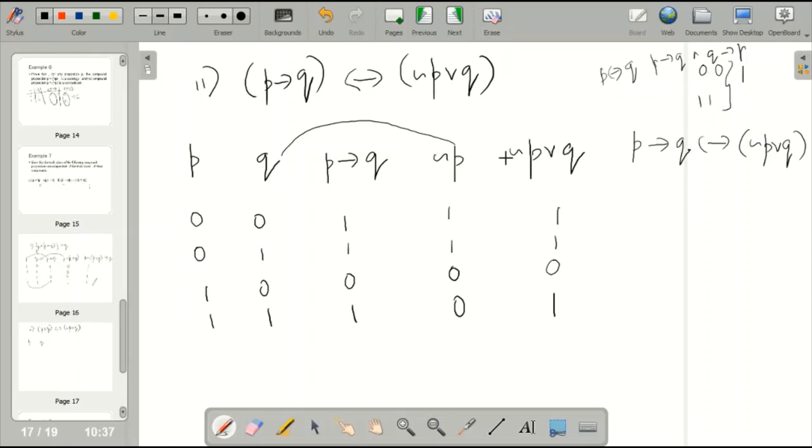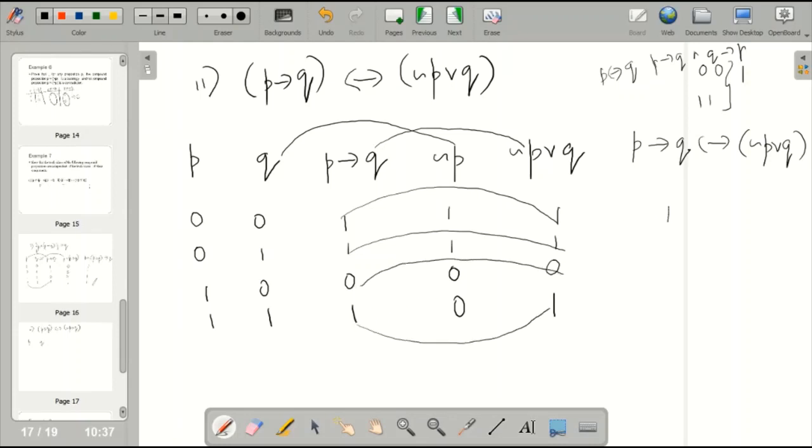Now just do the check for bidirectional between these two. Both are 1, both are 1, then both are 0, both are 1. So the values will be 1, 1, 1, 1. So this is regarding example 7 and it is a tautology.